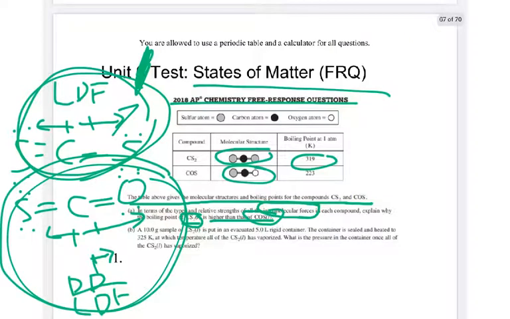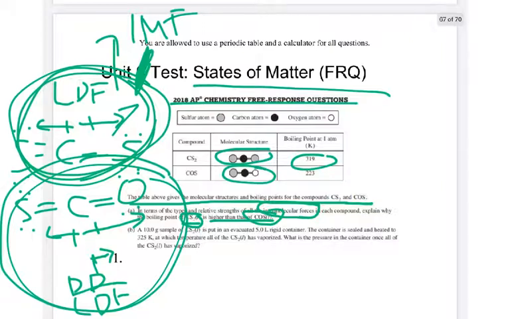This must mean that this compound has stronger intermolecular forces than this compound, even though this compound has 2 intermolecular forces. So we have to think about this. Perhaps the LDF force on the CS2 compound is higher than the dipole-dipole forces and the LDF forces on the COS compound combined.